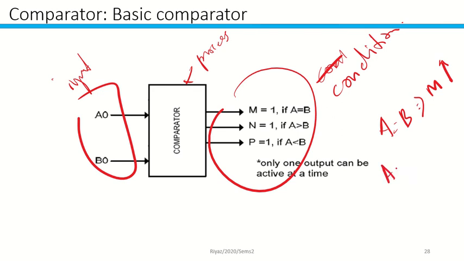When A is bigger than B, your N will be activated. And when A is smaller than B, your P will be activated. So this is how this condition works for the input A0 and B0.